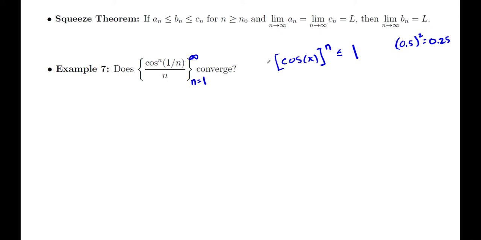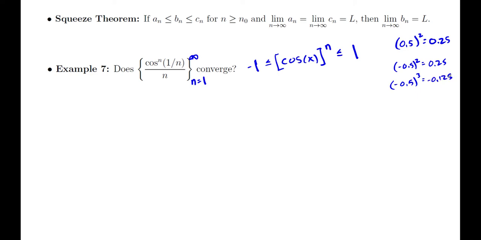And for that matter, because the cosine is never smaller than -1, this could never be any smaller than -1, right? For the same reason, negative 0.5 squared gives you 0.25, right? Even if you're going to cube it, negative 0.5 to the third power, you're going to get negative 0.125.